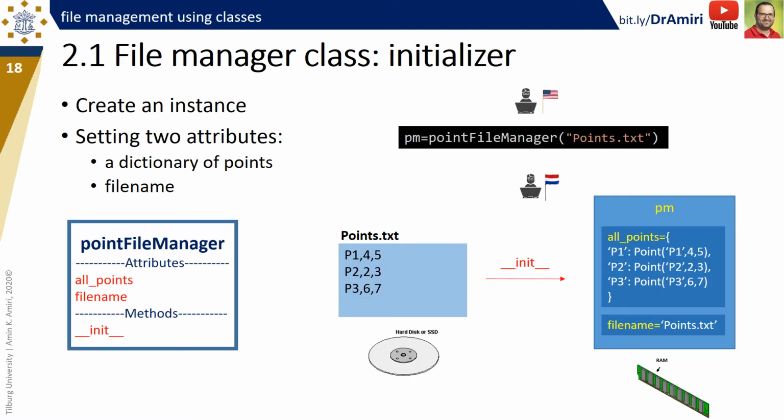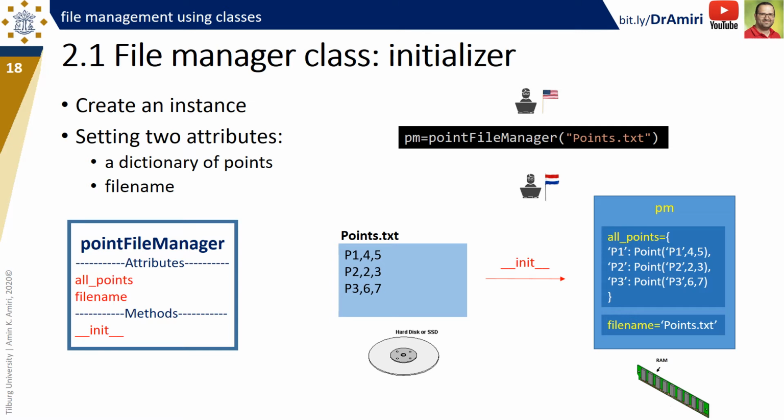Now that you learned how to create a record manager class, it's time to create a file manager class. And we start with the initializer, which creates an instance of this class and sets its two attributes. One is a dictionary and the other one is the file name. Here, the dictionary is called all_points. The role of this initializer is to read the file points.txt on the hard disk and turn it into an instance of the class PointFileManager that has two attributes, file name and all_points, in the RAM.